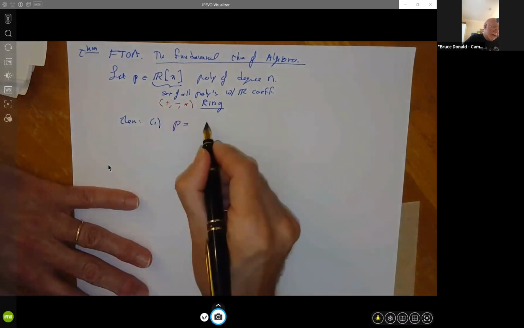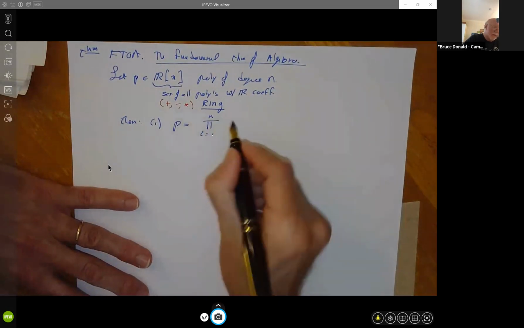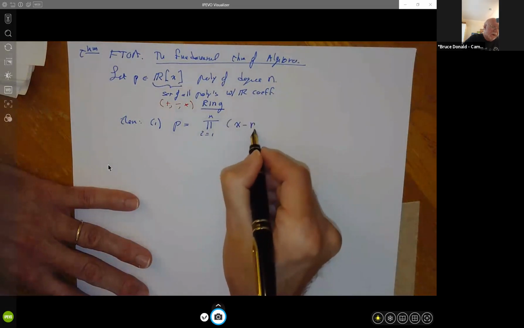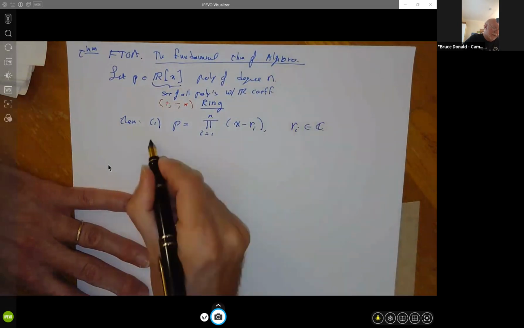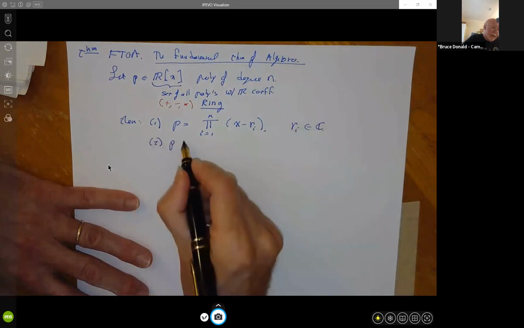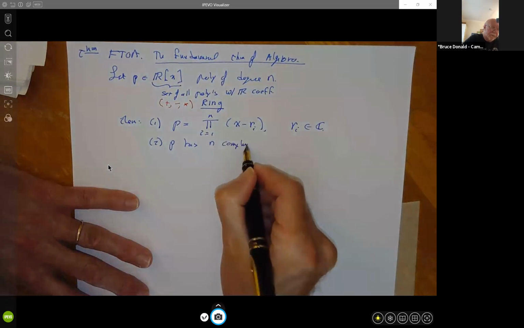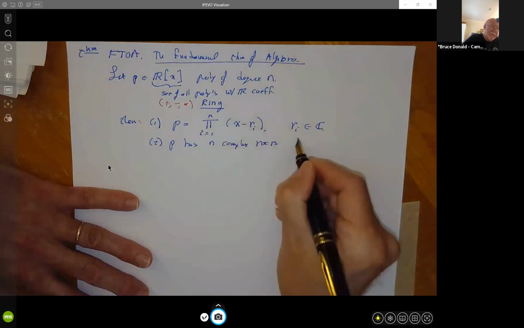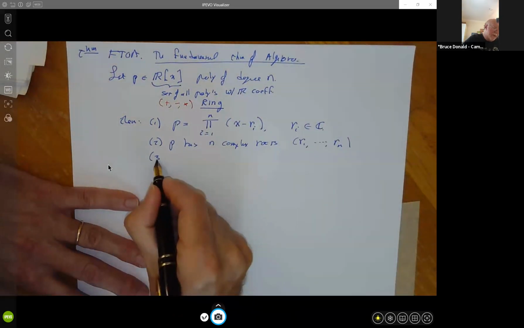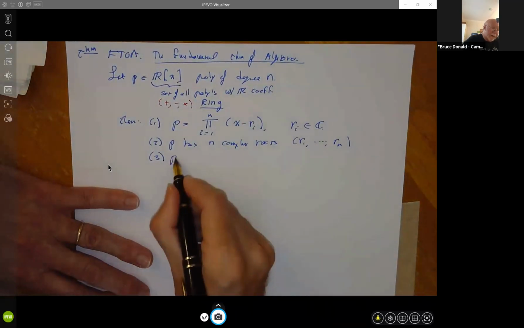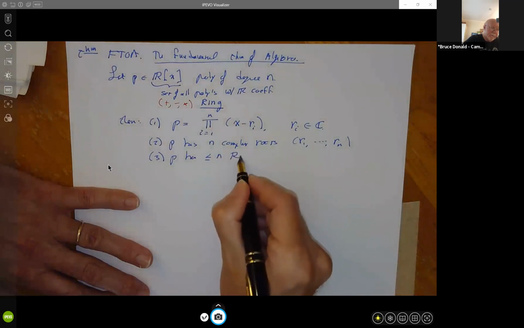So P can be written as the finite product for i equals 1 to n of (x minus Ri), where Ri is a complex number. Second, P has n complex roots, which can be written R1 up to Rn. And three, not all those roots may be real, so P has less than or equal to n real roots.